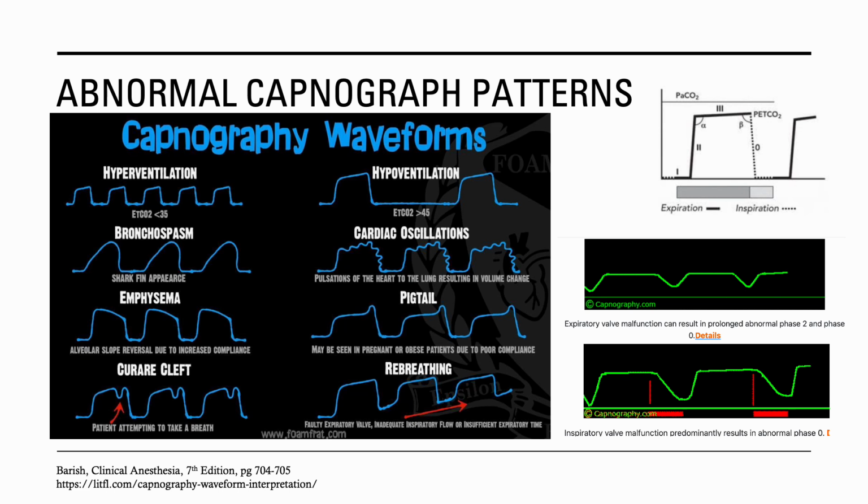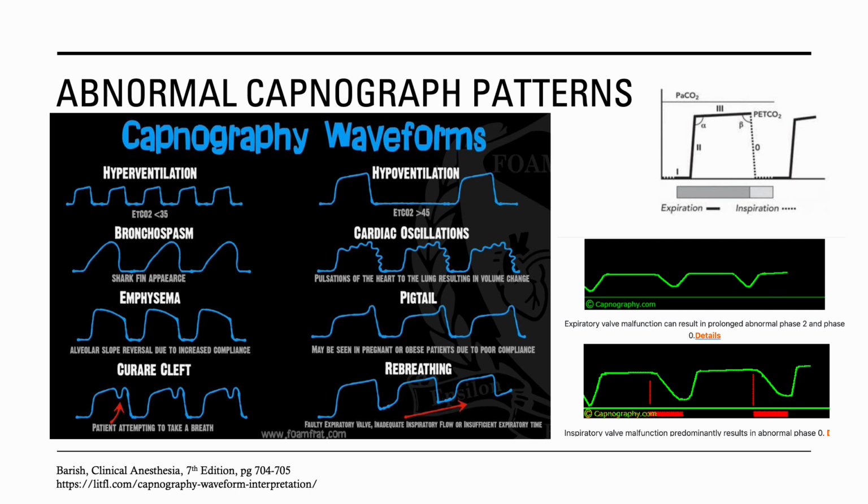Contrast that with when the inspiratory valve gets stuck. The end-tidal CO2 often does go down and reach 0, but there's an abnormally long sloped phase 0. Meaning that when inhalation is happening, you are inhaling CO2 that was breathed back out into that inspiratory limb.